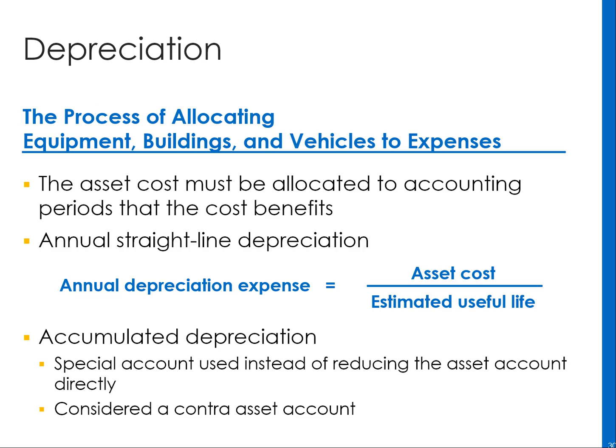All right, another type of prepaid expense is depreciation. We purchase, for example, equipment. Then when we use that equipment over time, we're going to recognize expense. This process in which we allocate expenses is called depreciation.